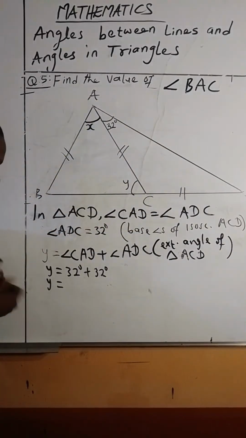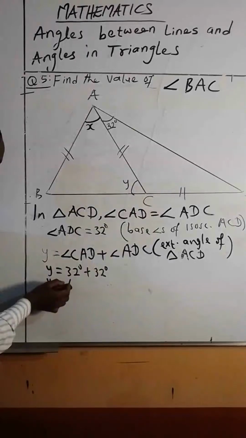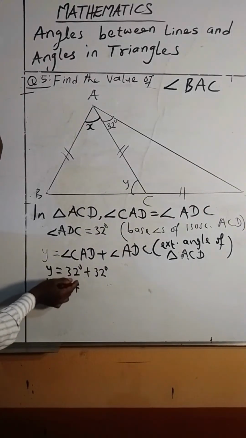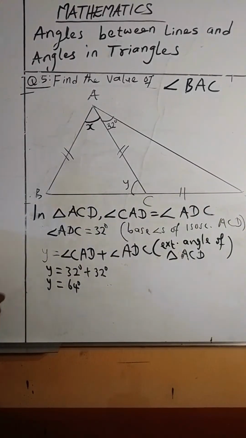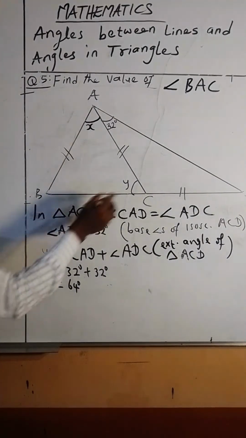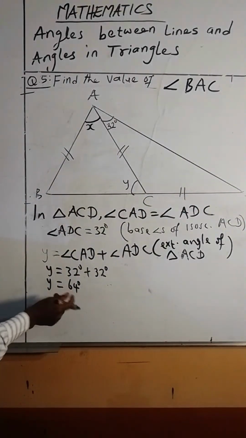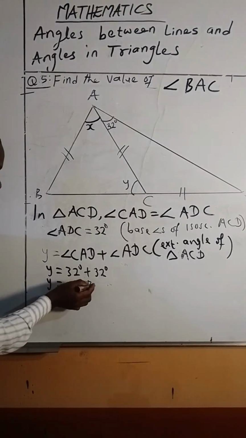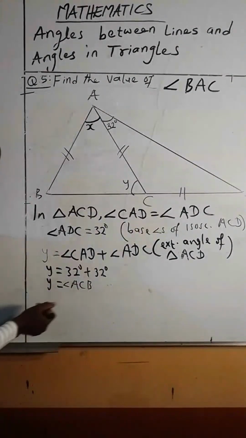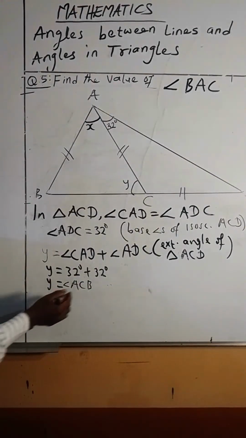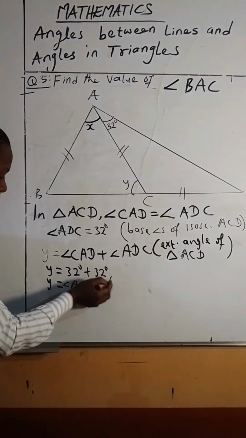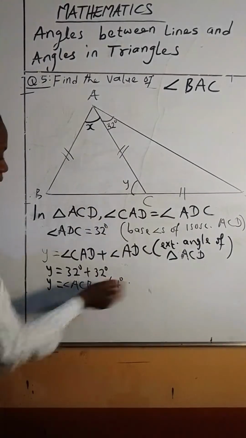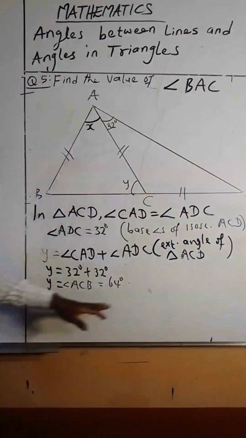If we add up, we'll get 64 degrees. This means that Y equals angle ACB, which is equal to 64 degrees.